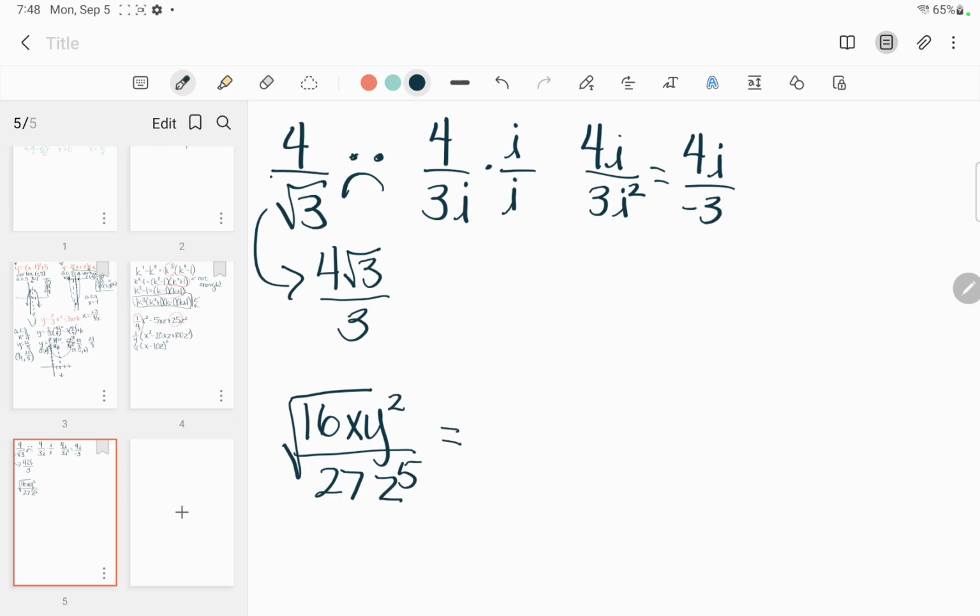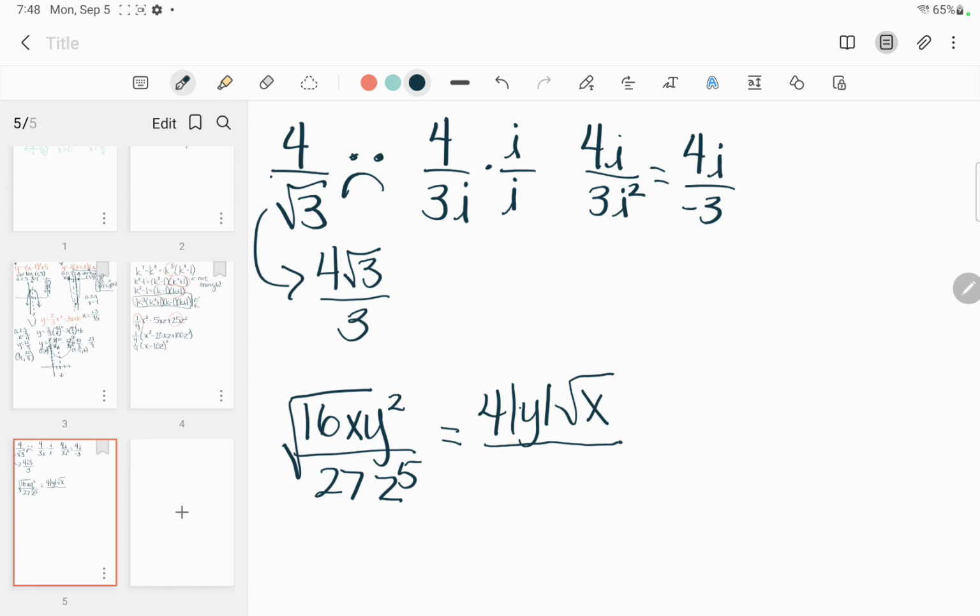And I notice that 16, that's 4, and y squared, I'm going to be really picky and put the absolute value of y. If you hadn't put that, that's okay. I didn't take off any points for it, but technically you do want to put that absolute value of y because we are taking the primary square root here.